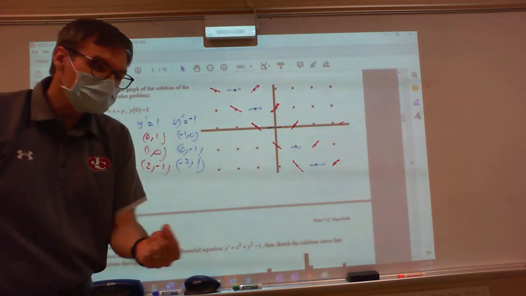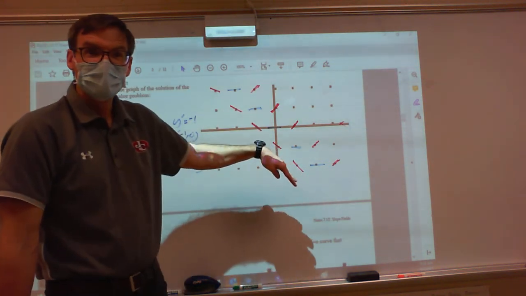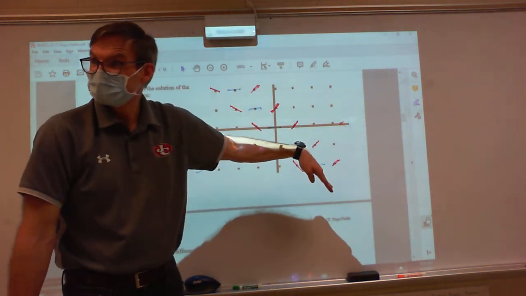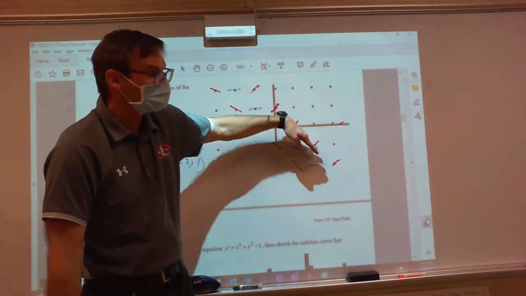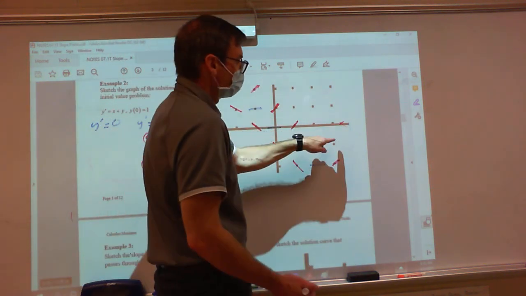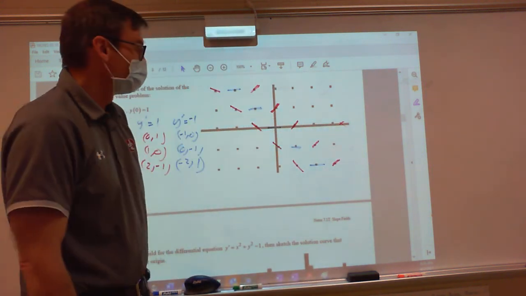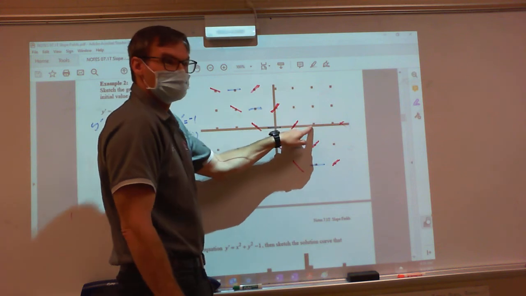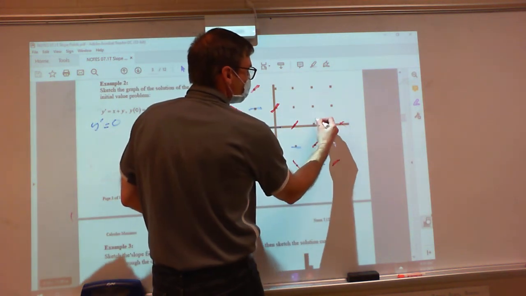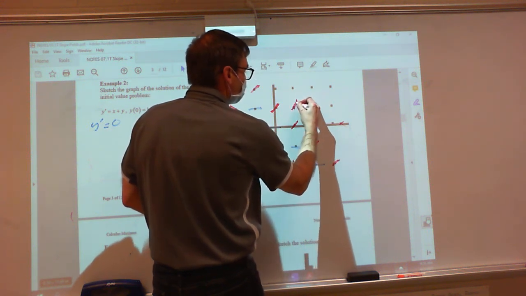I don't know if you noticed, particularly in this example, but the diagonals seem to have a pattern. See how everything on this diagonal is -1, everything on this diagonal is 0, everything on this diagonal is a positive 1. What do you think everything on this diagonal is going to be? Positive 2. If this is 1, just make sure 2 is a little steeper.